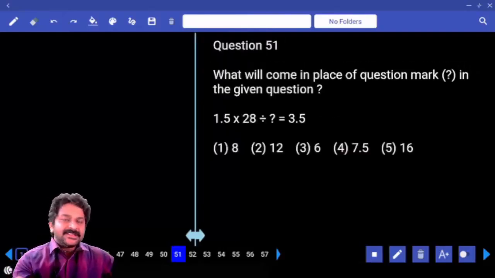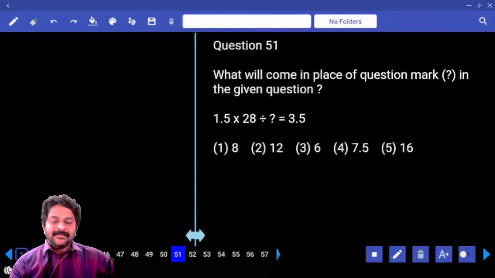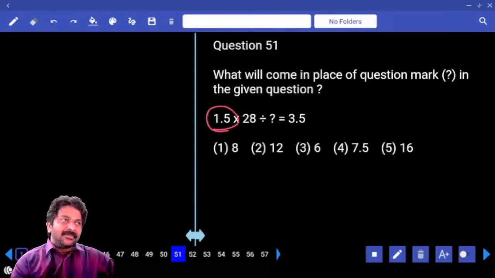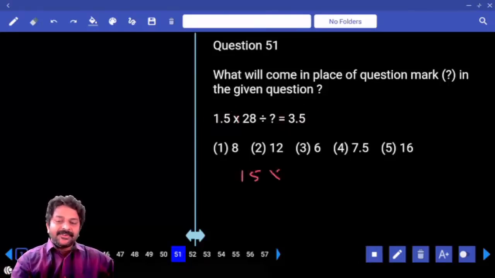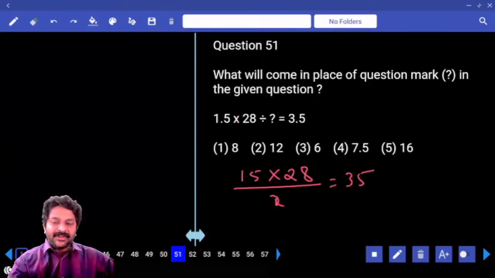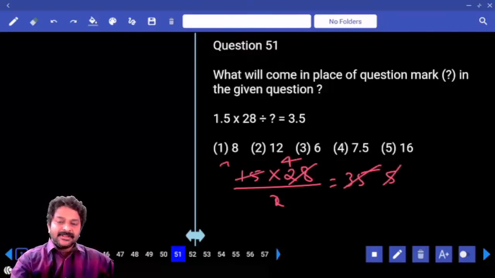Okay, so x is in the denominator, left hand side. On the left hand side there is a number with one decimal, and the right hand side also has one digit after decimal, correct? So we can rewrite it as 15 into 28 by x is equal to 35. Yes, 7 how many times? 7, 5, 3 into 4, 12.